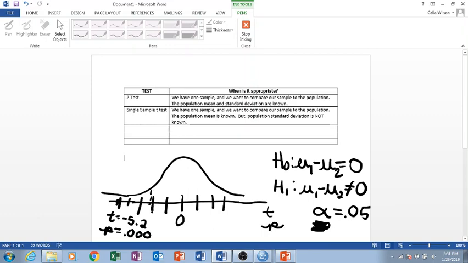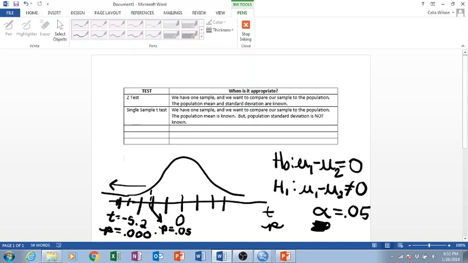I'm just going to draw a little arrow down here because I can't really fit it in, but this probability of 0.05 is right about there. So I'm looking to see, is my obtained probability further out in the tail than my cutoff value? And the answer is yes, it is less than 0.05.